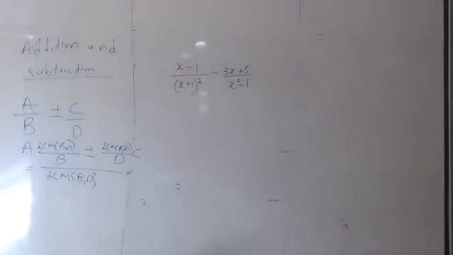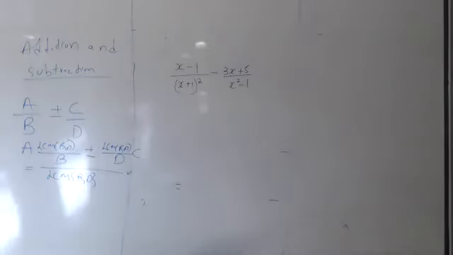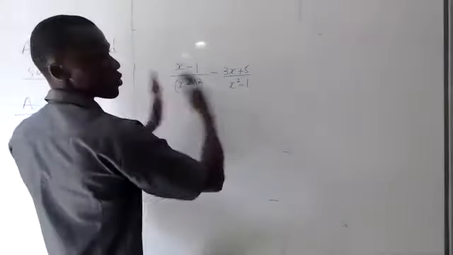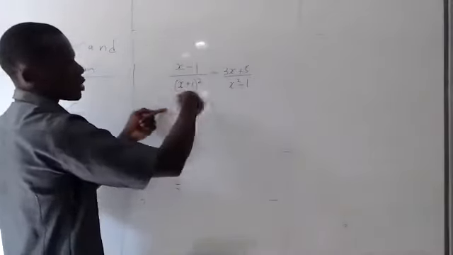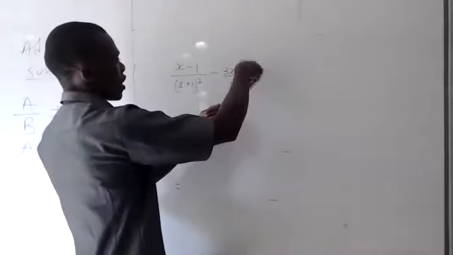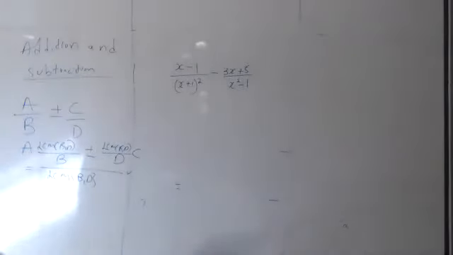We want to simplify this expression. So essentially it's a subtraction of two rational expressions. The numerator is a polynomial, the denominator is also a polynomial, and we have the same for the second term. So the first step is to find the LCM.